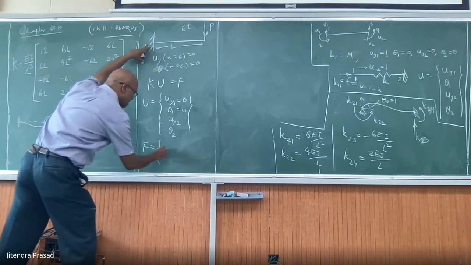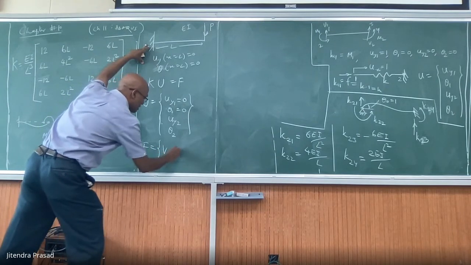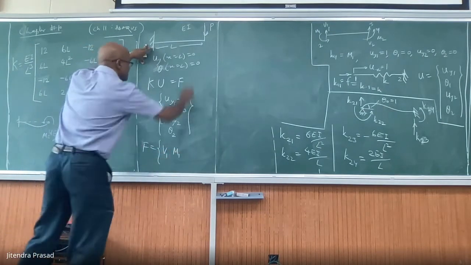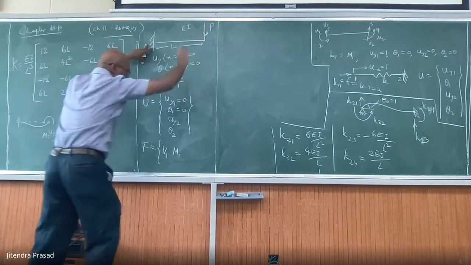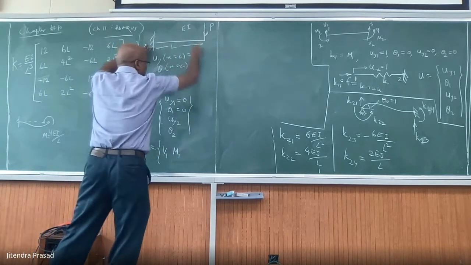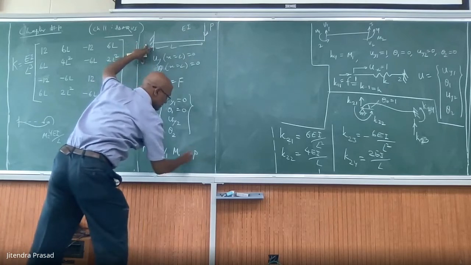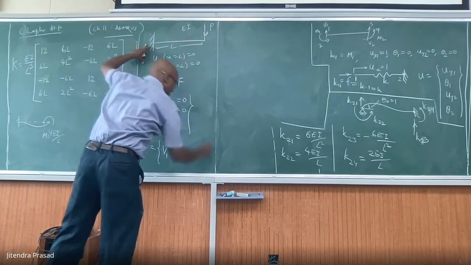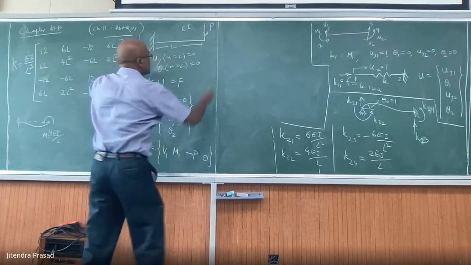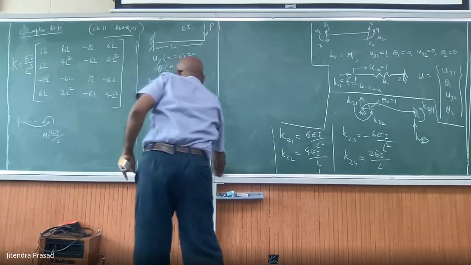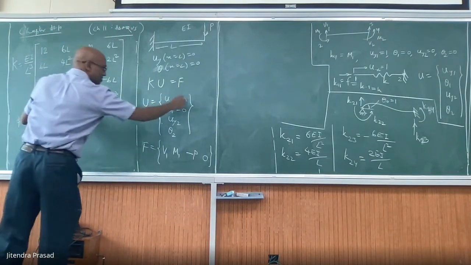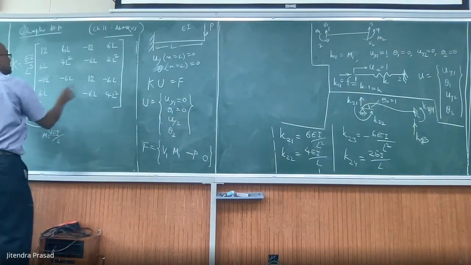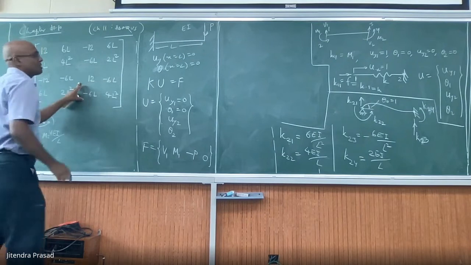Let's say we call it V1, M1. Then you have here V2, M2, which is minus P, and then no moment, you have 0. So you have this. Now you know that the first two rows will not work. So finally, this is the one which is going to help.